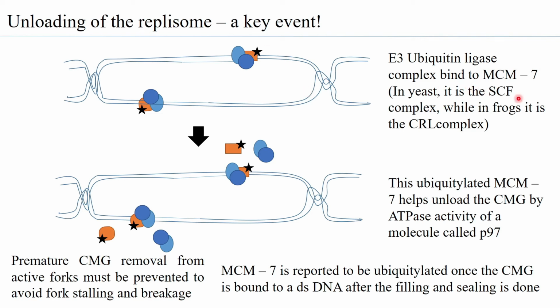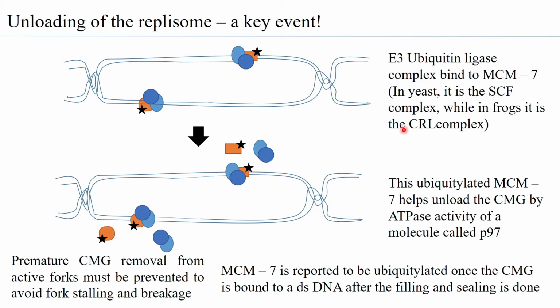It has been observed that in yeast it is what is called the SCF complex that binds to the CMG complex through the MCM7, while in the case of frogs and some higher eukaryotes also, there is the CRL complex, with C standing for the Cullin domain. This domain is responsible for recognizing a lysine residue in MCM7 and ubiquitinating it.